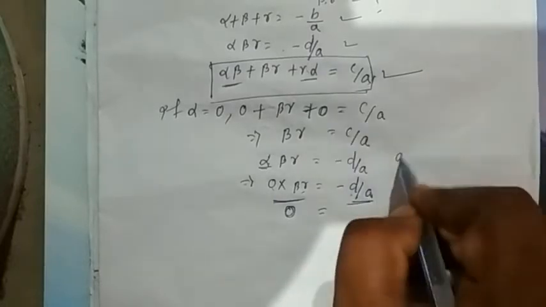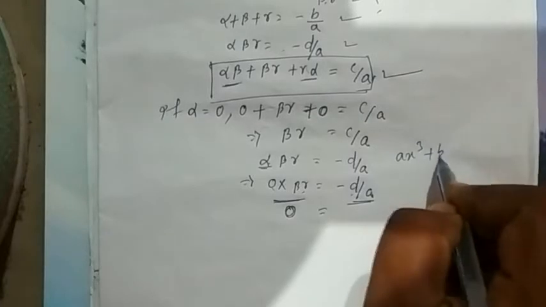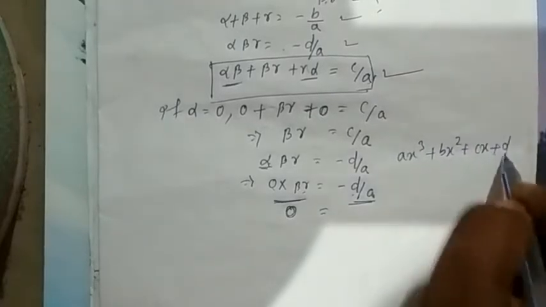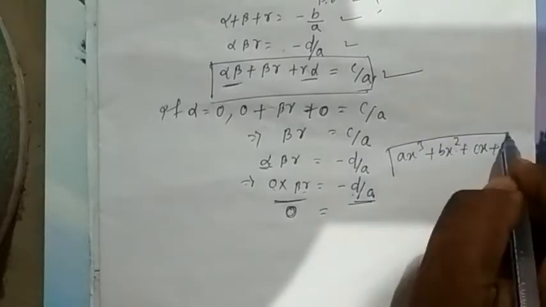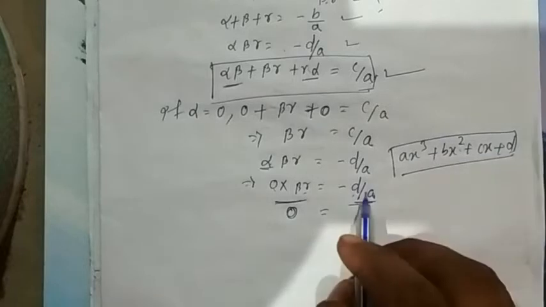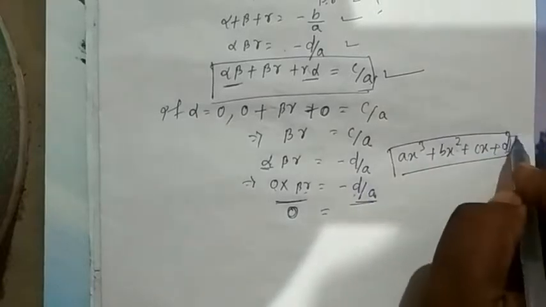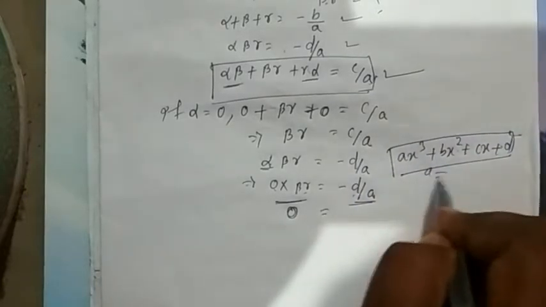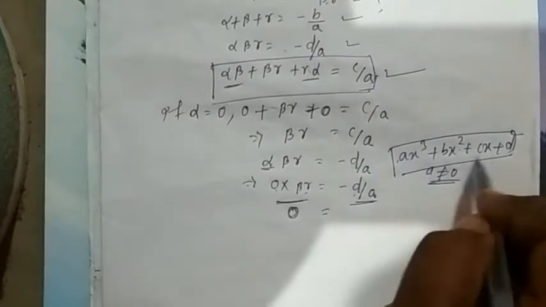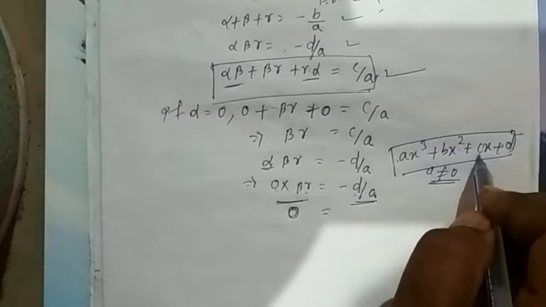For a cubic polynomial ax cube plus bx square plus cx plus d, this is the general formula for a cubic polynomial, d can be 0, but a cannot be 0. If a becomes 0, then this given polynomial will become quadratic.